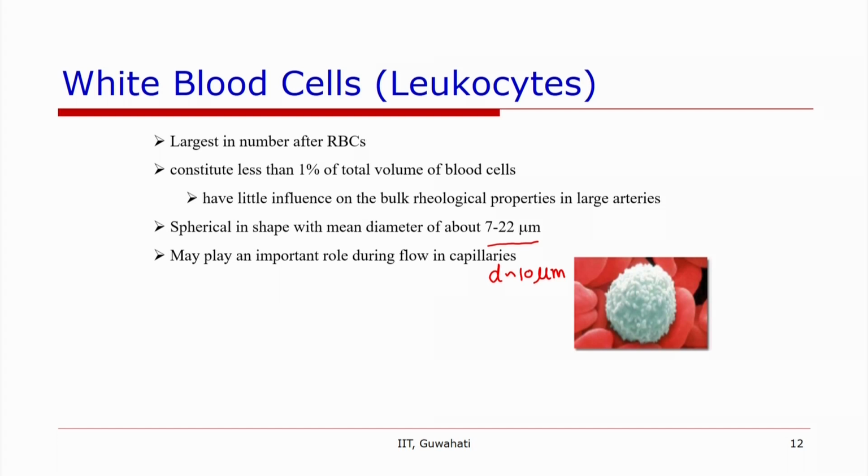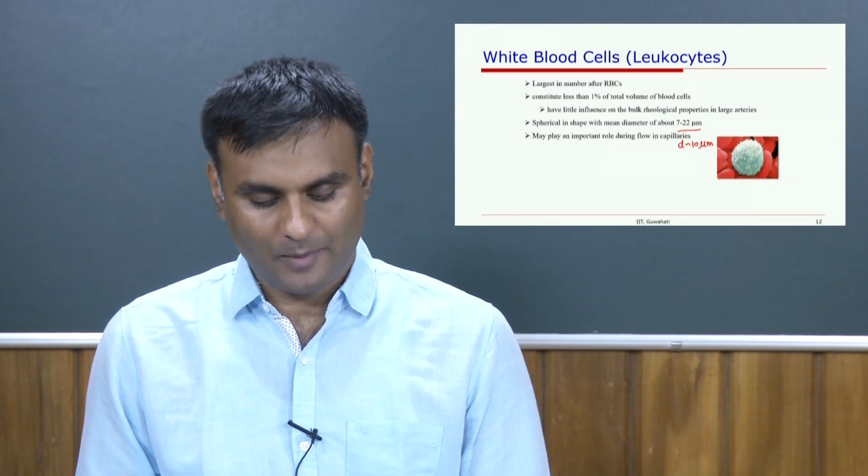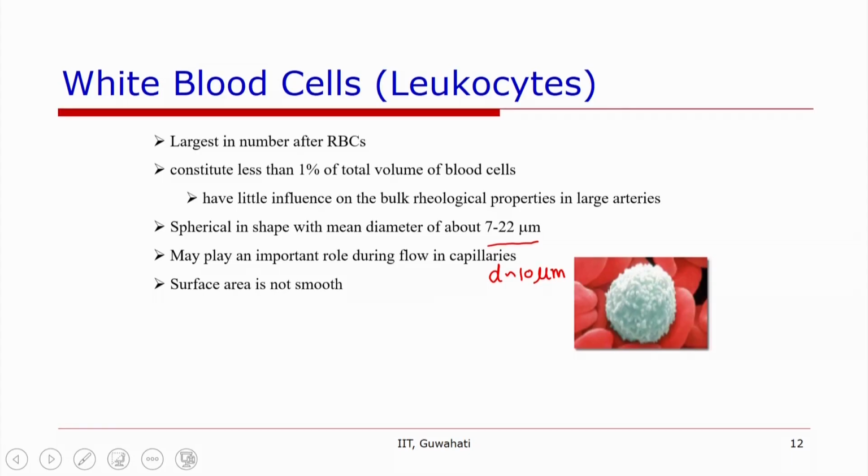So they can play an important role in determining the flow resistance in small capillaries. The surface area, as you can see, is not smooth, and they are much less deformable than red blood cells. So they are almost rigid.